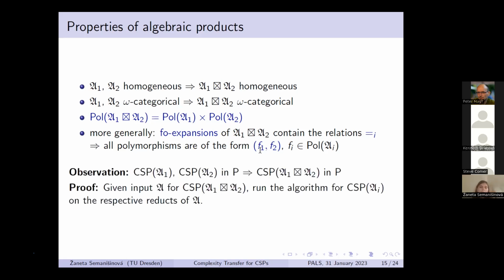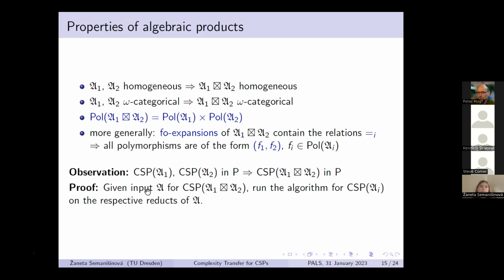Even just as an observation to see that this behaves nicely, at least if we don't expand: if we have CSPs of both of the structures in P, then the CSP of the product is also in P.